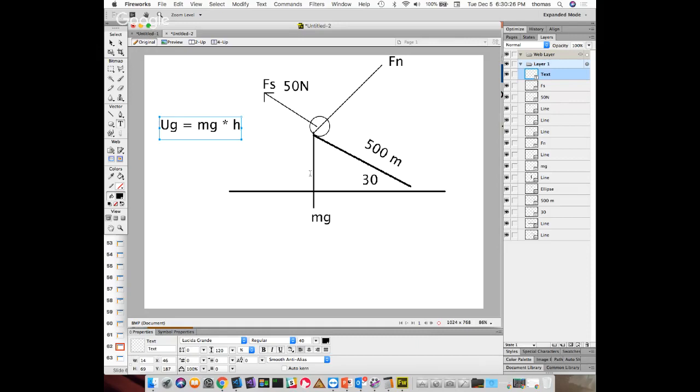So opposite over hypotenuse. You take the opposite over hypotenuse to find this angle. Well, that's what it is.